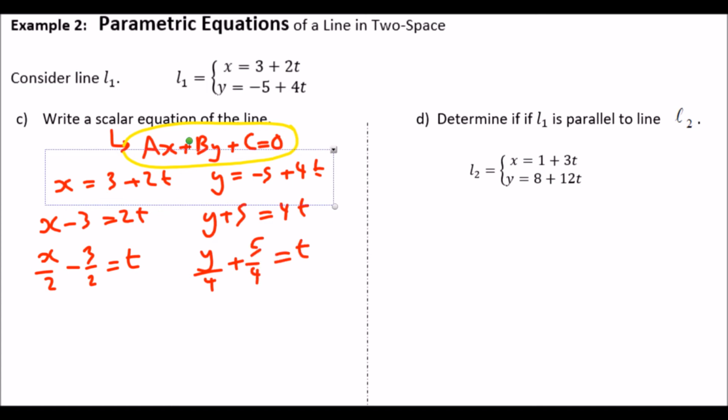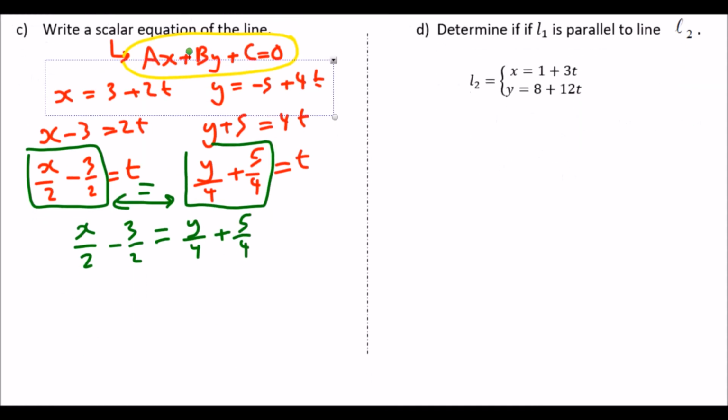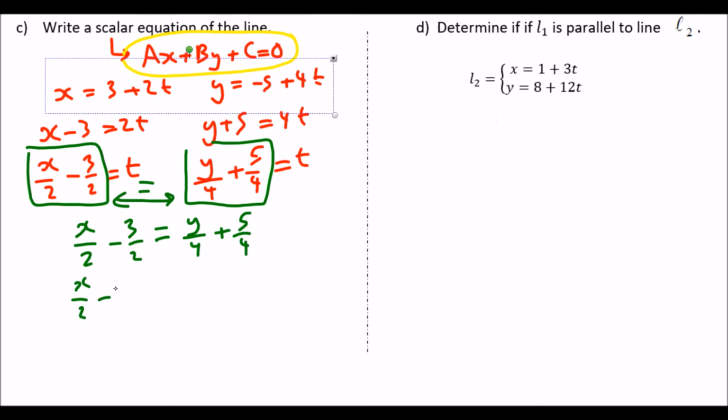I've got my t isolated, and since they're both equal to t, I'm going to equate them. So x over 2 minus 3 over 2 equals y over 4 plus 5 over 4. Bring everything to one side: x over 2 minus 3 over 2 minus y over 4 minus 5 over 4 equals 0.